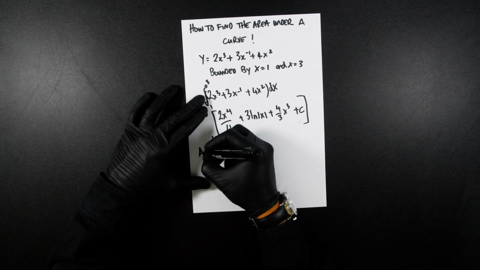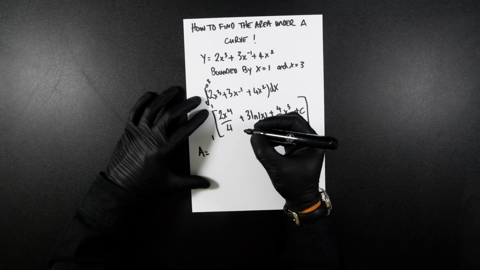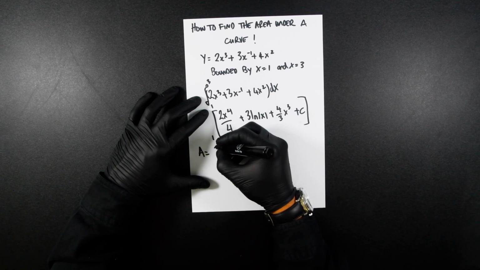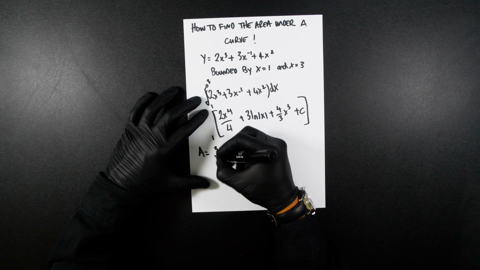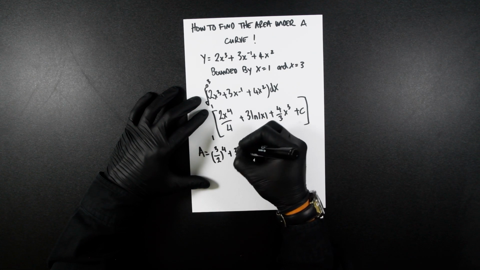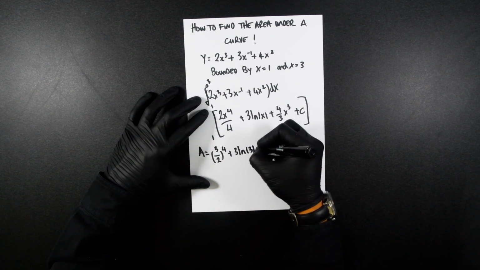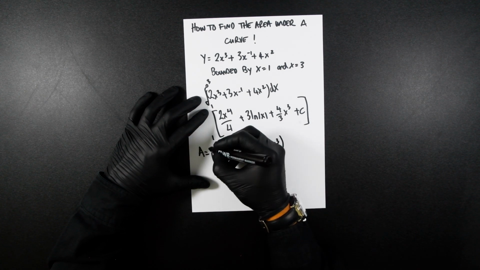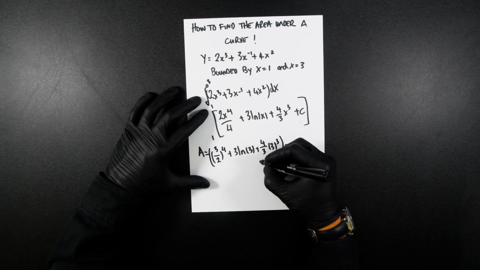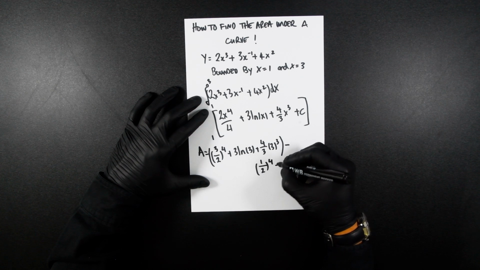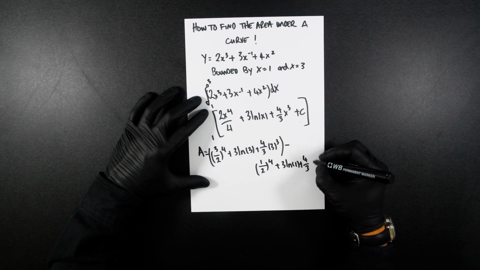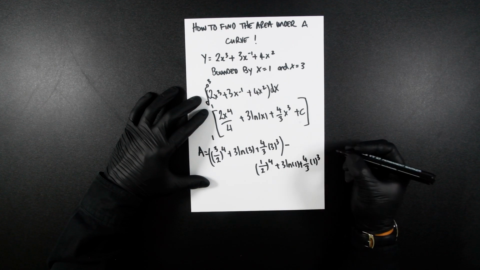So the area is then going to be, that should obviously be a half, so that's going to be 3 over 2 to the power of 4, plus 3 ln 3 plus 4 over 3 times 3 cubed, minus 1 over 2 to the power of 4, plus 3 ln 1, because that's what we're substituting in, plus 4 over 3 times 1 cubed.